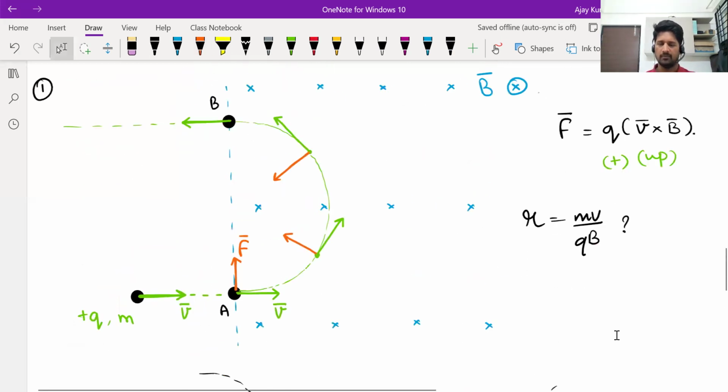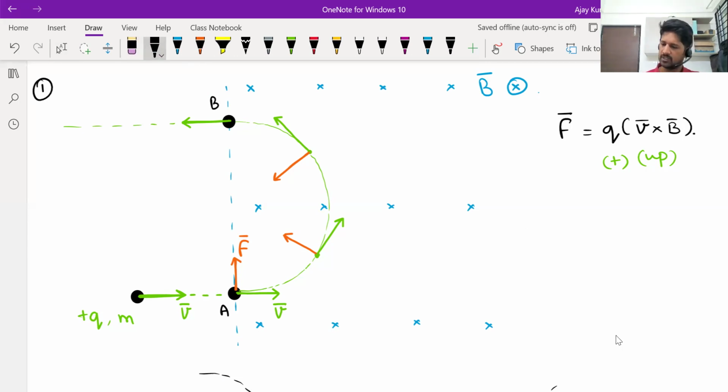So come back to this problem. Once it enters the magnetic field, the velocity is to the right, in the x direction. The magnetic field is in the z direction, so they are perpendicular. If the magnetic field is perpendicular to velocity, the force experienced by the particle becomes qvB, and that force will automatically be perpendicular to velocity. It's a law of nature that magnetic force is always perpendicular to velocity. So you can directly equate this to mv squared by r, and r will still be equal to mv by qB.